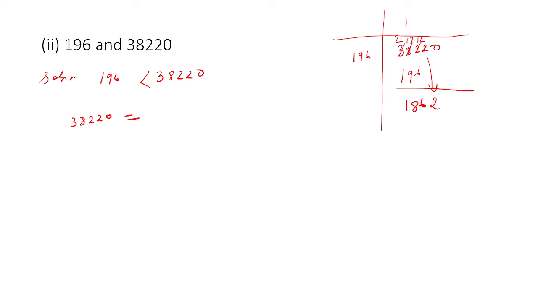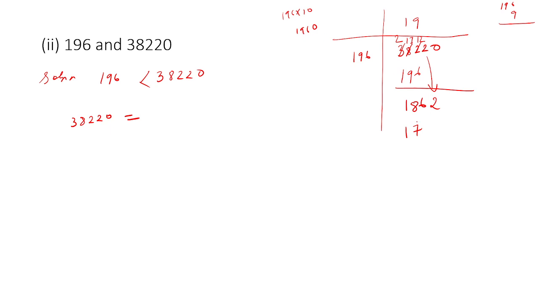So this is 1862. 196 into 10 is 1960, which is greater than this, so you cannot.